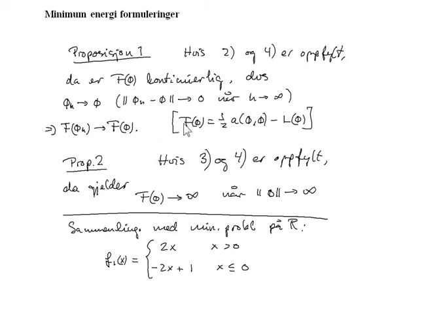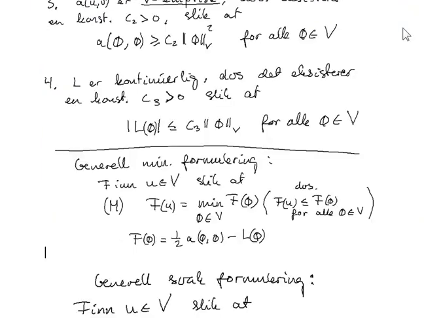And as usual, we just recall that f of phi is equal to half of a of phi minus L of phi. So when these two conditions are satisfied, just recall these conditions.